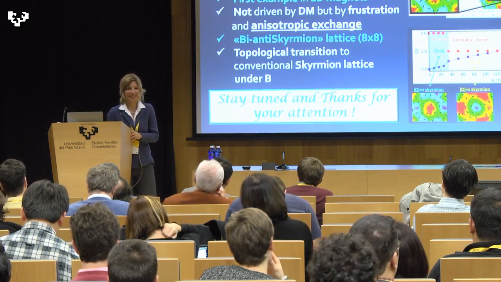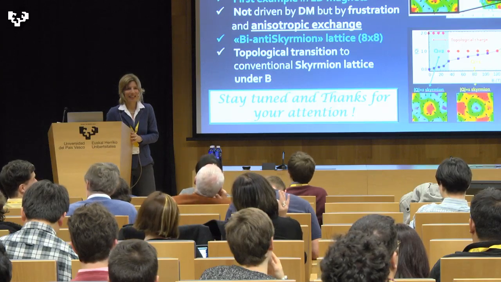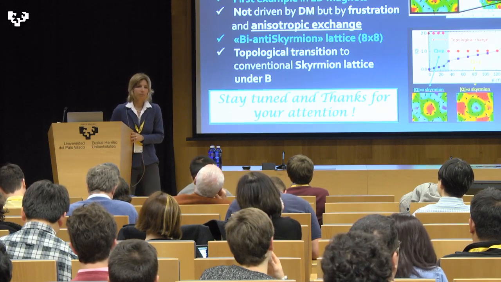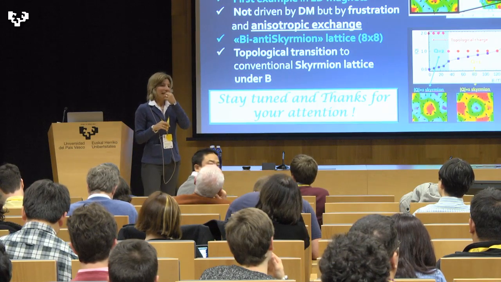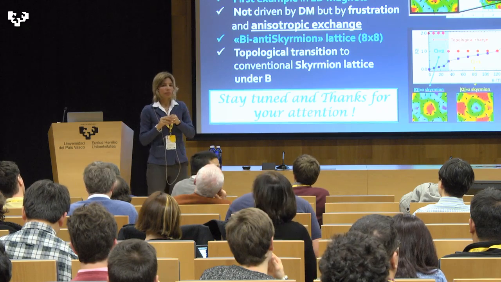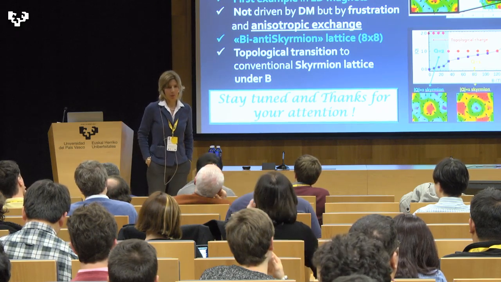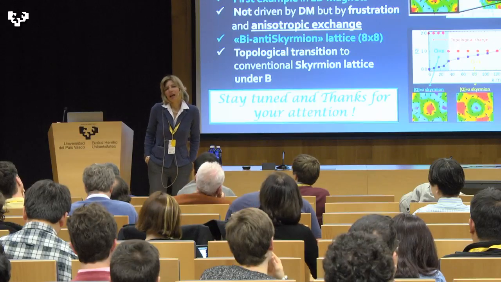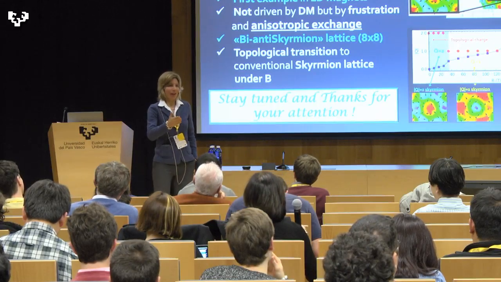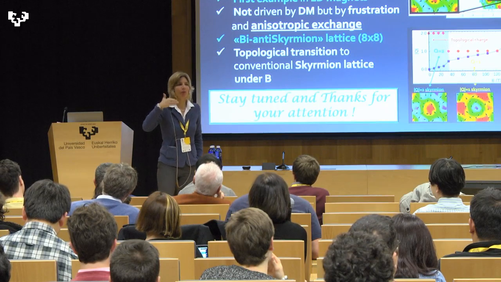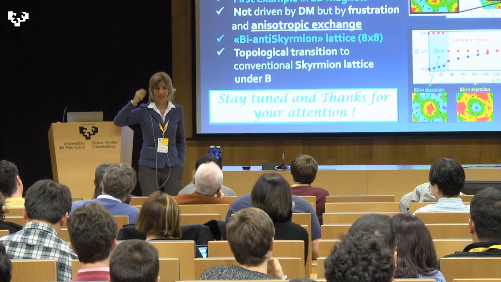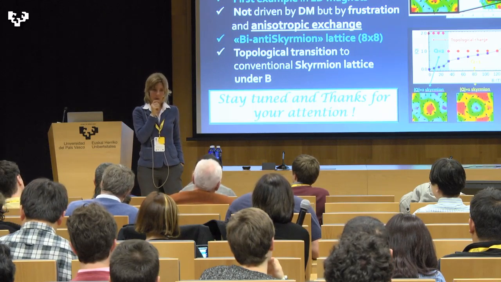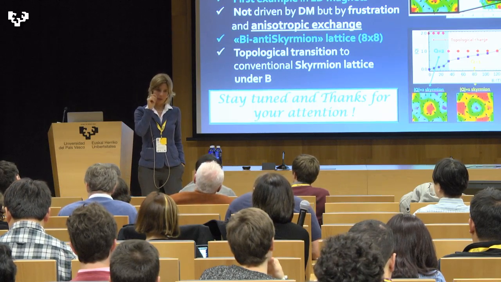My last question, how much do you trust this way of extracting the coupling parameters? Because of course your results depend extremely on that. So how much do you trust this method? Have you checked it? What do you mean, for spin fluctuation or for the parameters? For obtaining your JXY. I come from oxides, so I'm used to seeing crazy behavior as a function of U and J. In this case, the sensitivity is quite small.